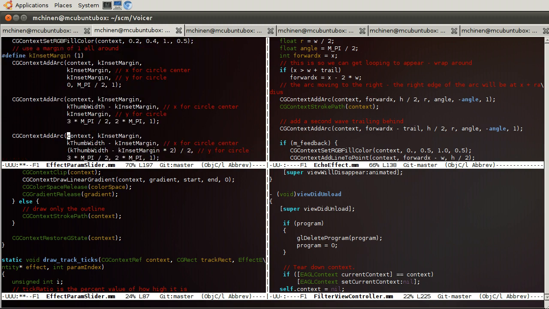Then we want to go from the top left to the top right, and then to the bottom right. So the bottom right means this stays the same, but this changes from the top to the bottom. And that will look like this.